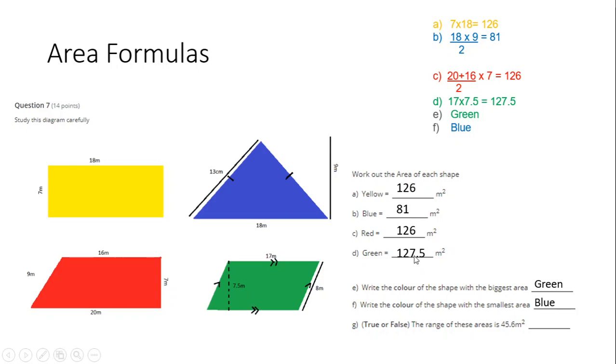Highest is 127.5. And the smallest, the lowest, is the blue shape, the 81. So my range, highest minus lowest, is 127.5 minus 81, which is 46.5. Now look at that carefully. Is that true or false? It's false. 46.5, 45.6.